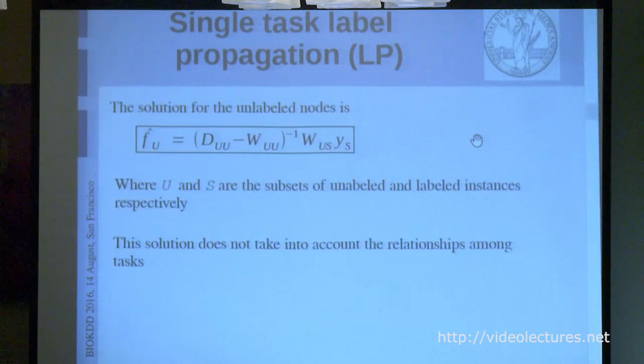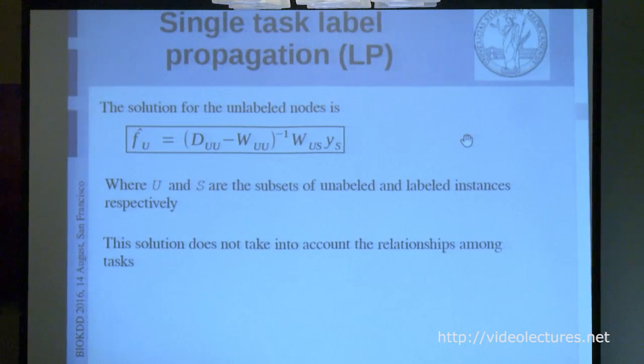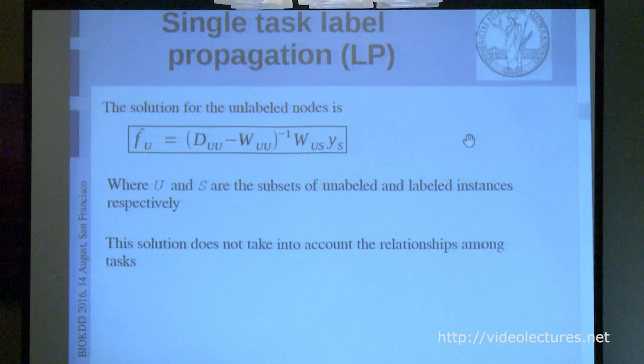Optimizing this problem, the solution also has a closed form that you can see here, that is useful when the connection matrix is not singular and you can compute the inverse. But there is also an iterative version of this algorithm, which is also quite fast and has a fast convergence.